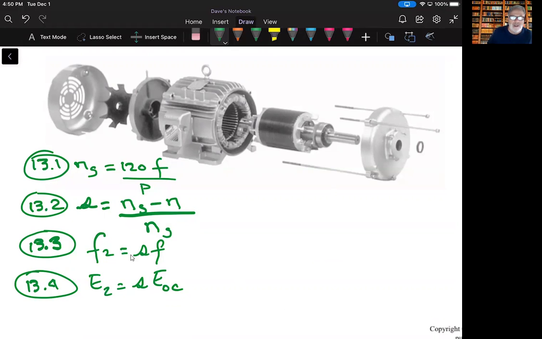One way I like to remember that is at startup, the slip is 1, so 1 times whatever the frequency is in the stator equals the rotor frequency at startup.